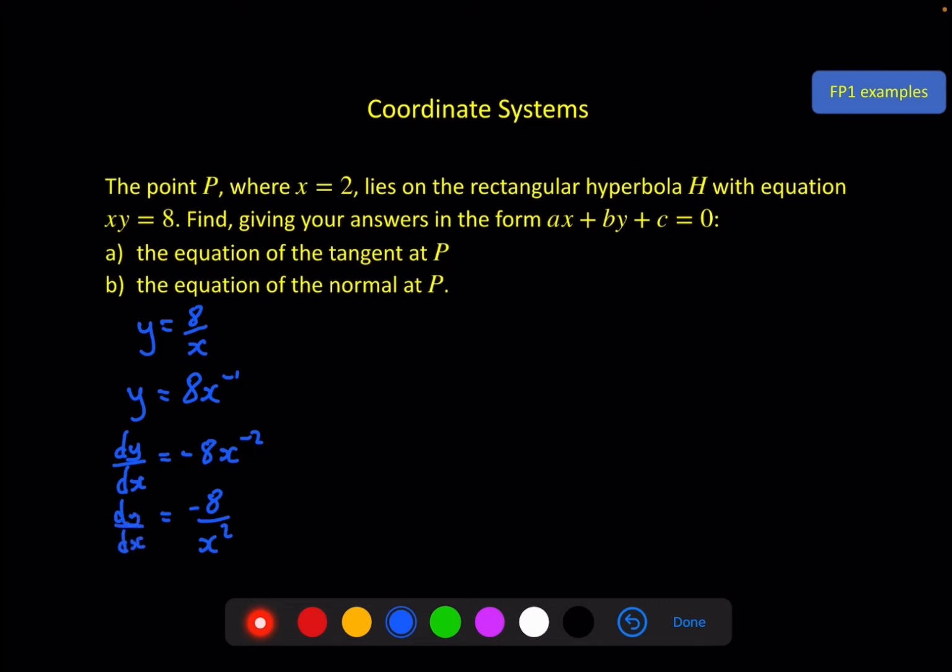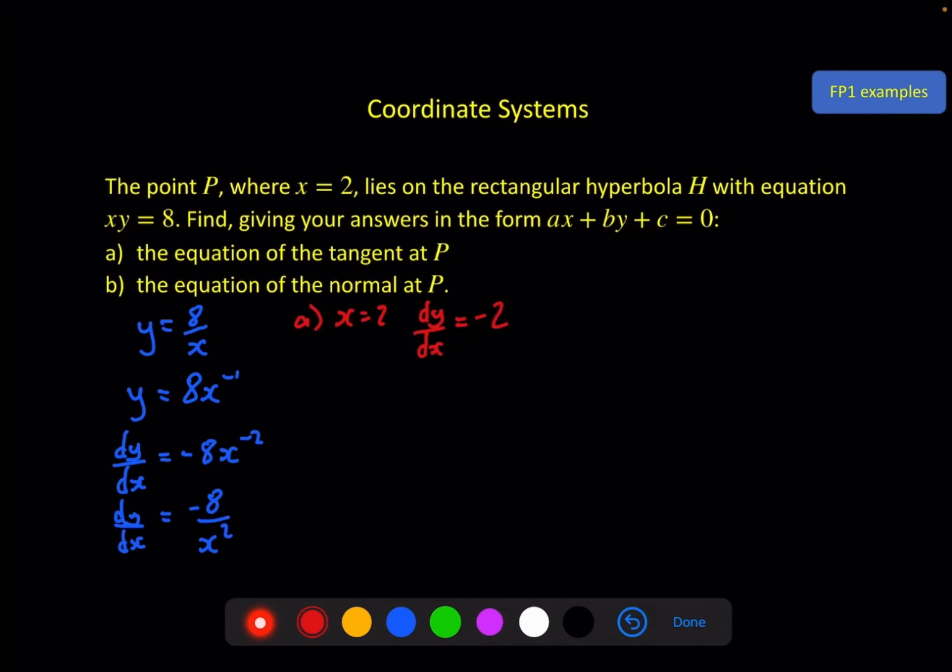So that's the gradient function. To find the equation of the tangent, I need to use this where x is equal to 2. So dy by dx is equal to minus 8 over 2 squared, which is 4, so that's minus 2.